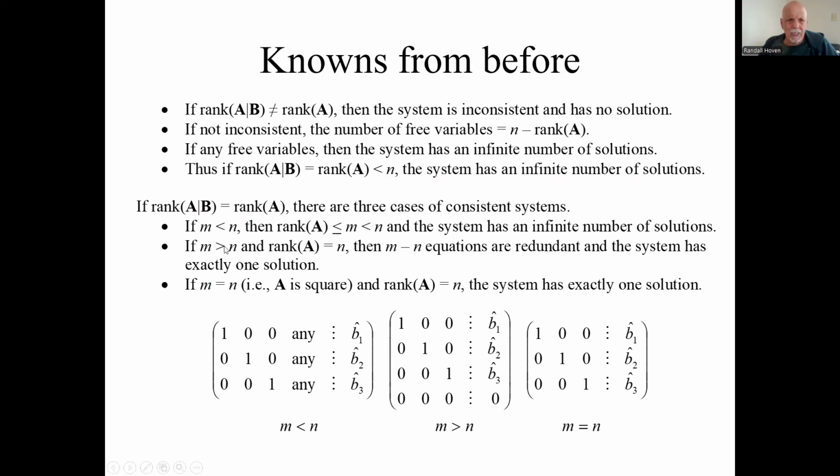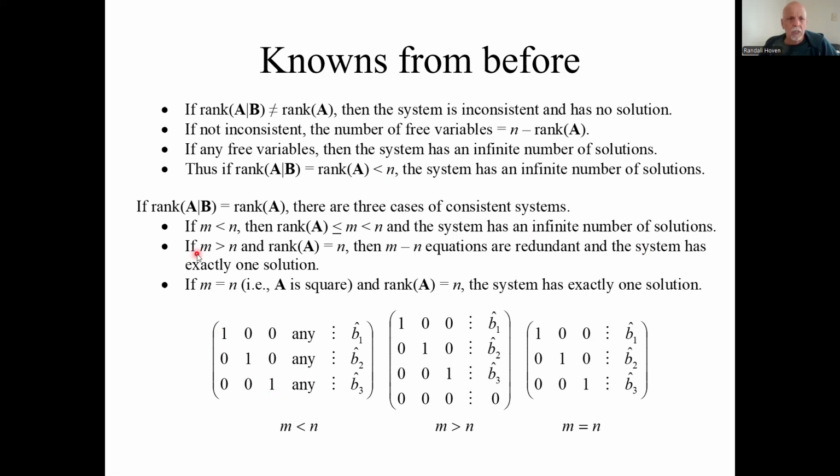If m is less than n, like in this case here, all these guys over here are going to be free variables. They're going to be non-pivot columns. Here are the pivot columns, here are the non-pivot columns. You'll have an infinite number of solutions.